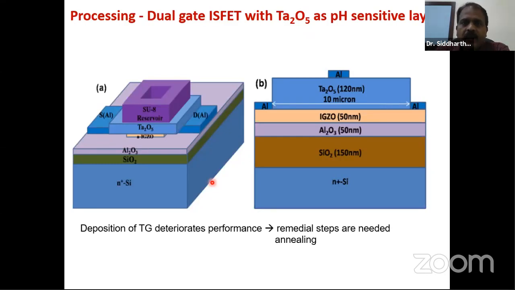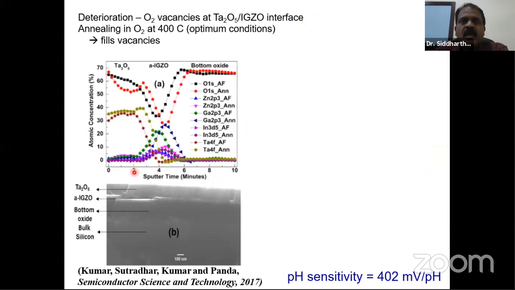But what we did was utilize annealing in order to optimize the parameters. And then we were able to enhance the sensitivity to about 400 millivolt per pH. Just to tell, before we had gone up to about 160 millivolt per pH. Here again, we could figure out the advantage of annealing: it helped to fill the vacancies, and that gave us a better performance.